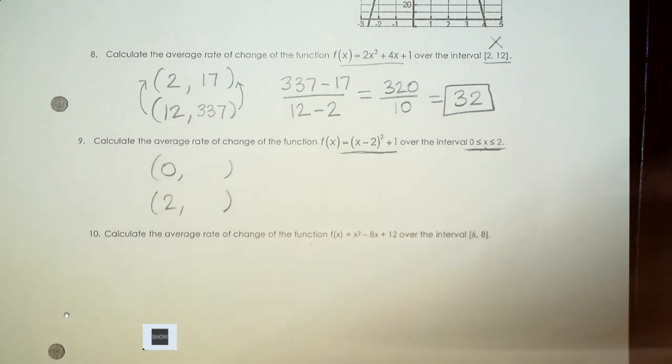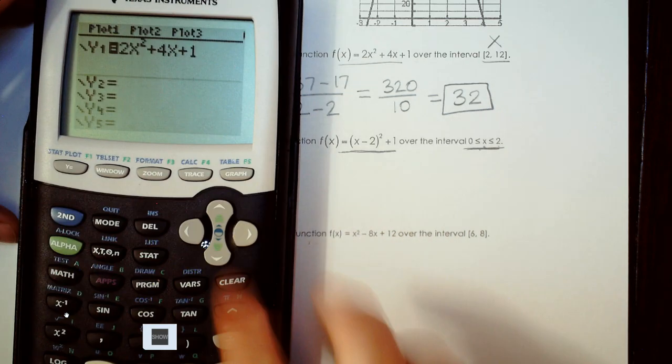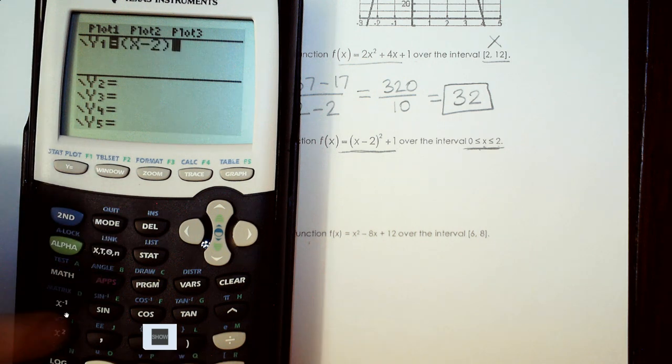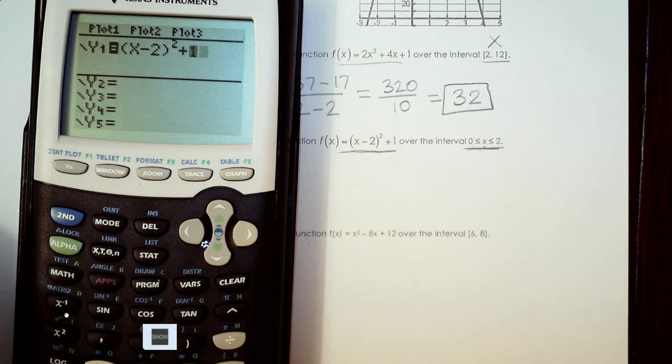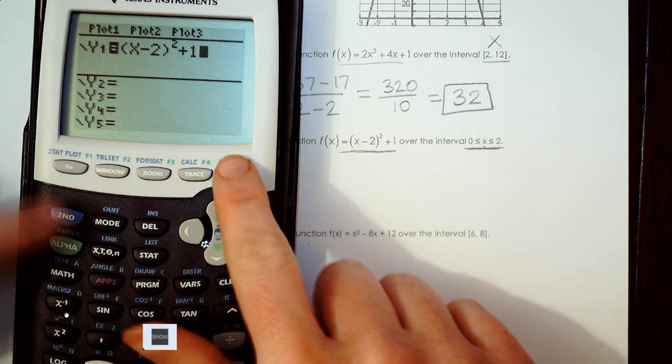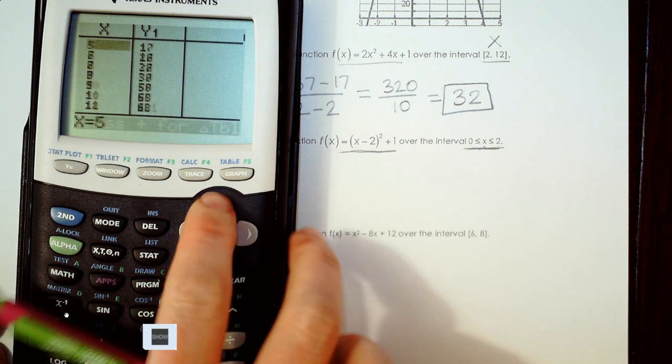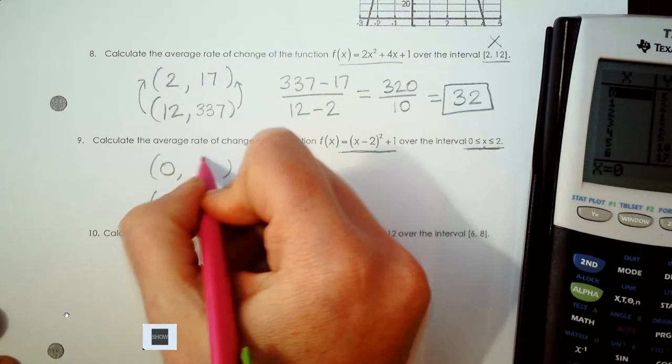Okay, so I'm going to type this equation in. Parentheses x minus 2 squared plus 1. Go to my table. All right, when x is 0, my y is 5.